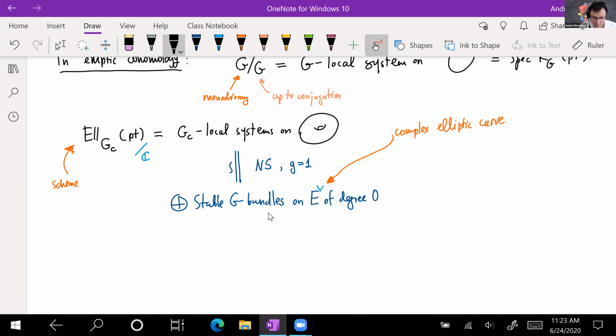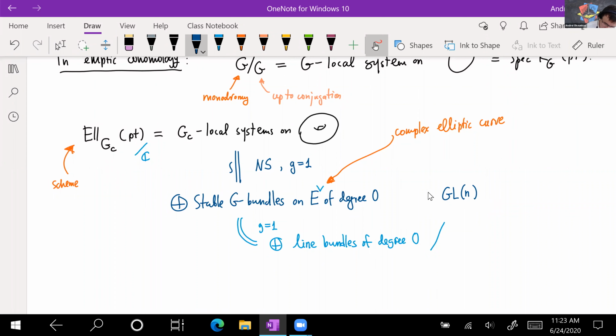So since the genus is 1, we get a direct sum of line bundles of degree 0, up to, let's say if we're interested in GLN, up to permutation. Then there's no further construction.